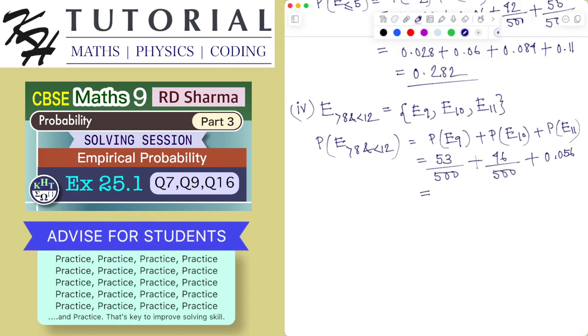So 53 divided by 500 is 0.106, 46 divided by 500 is 0.092, plus 0.056. This is approximately 0.198.